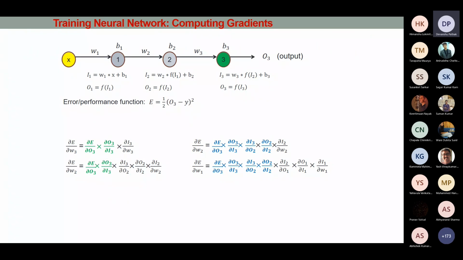Similarly, when the chain becomes longer, from del E del W2 to del E del W1, you can see the number of common expressions is even increasing. There is much more in common between del E del W2 and del E del W1 compared to the other one. Now can we make use of this commonality? Just like common sense, how can we use these common things to speed up the computation? That's what backpropagation does, nothing else.